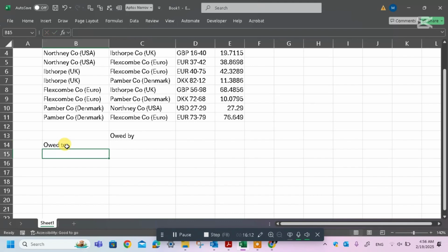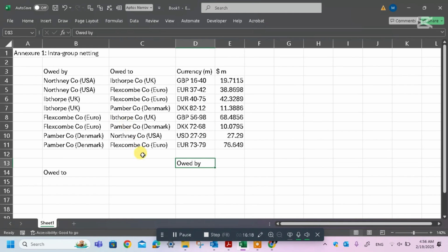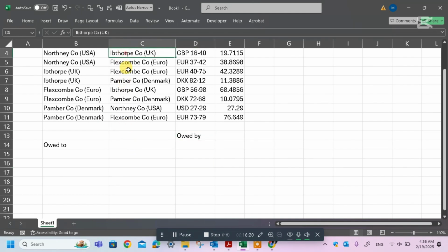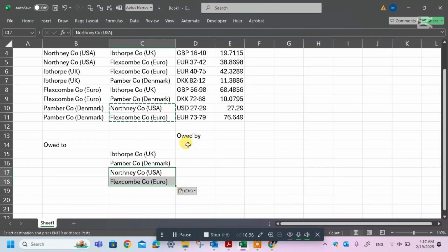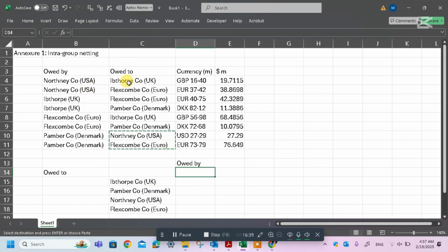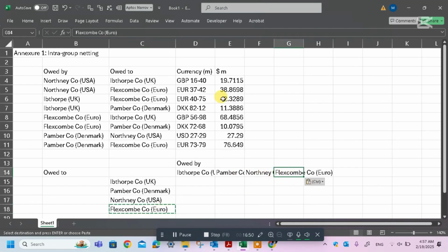Owed to, I will copy these names. 1, 2, 3, 4. The same 4 names will come here again.